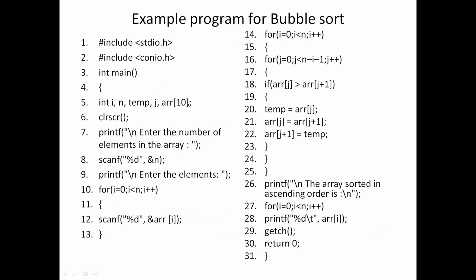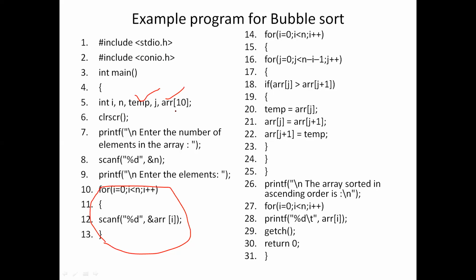Next we will come to the programming. How are we going to write the program for this? Simple. We have seen two for loops, and the same thing we are going to write here. This for loop is to get the input. We have two header files, the main function, and temporary variables declared to swap the values.